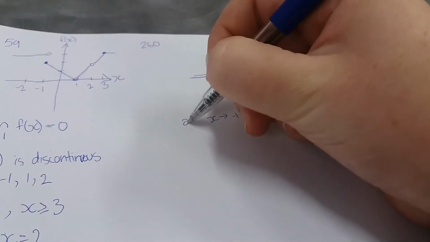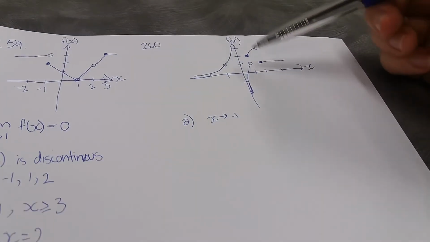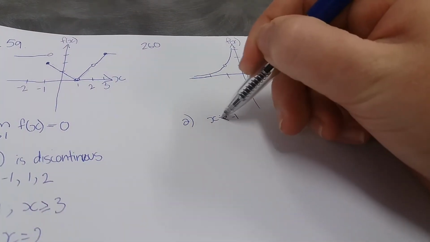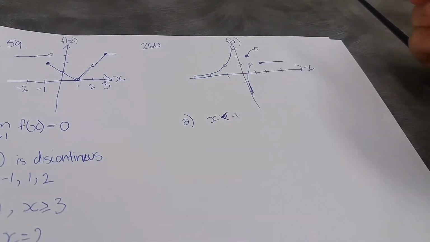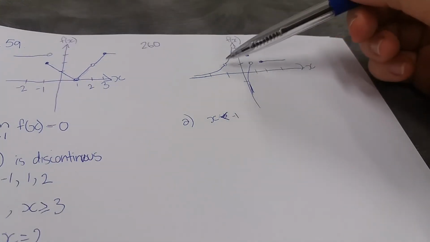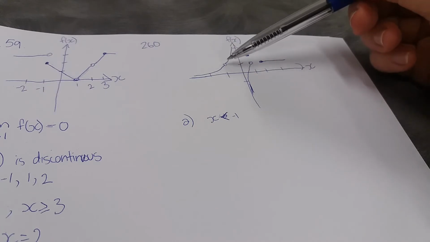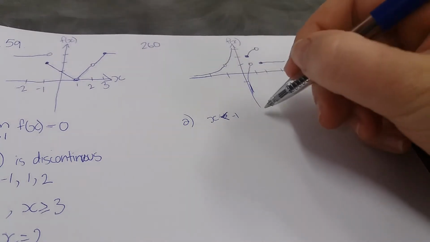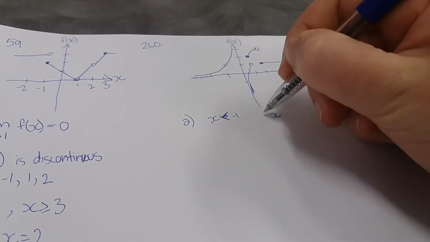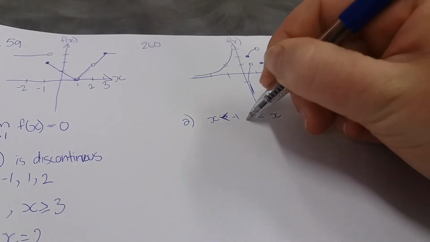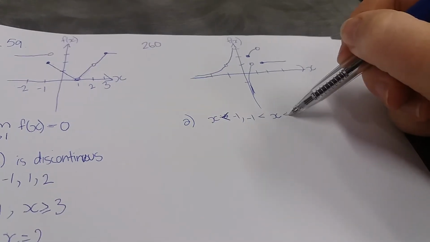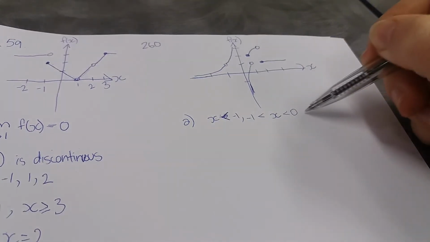So this is part A. When x is less than -1, and then it exists from here to here. So for x greater than -1, doesn't include it, and less than 0.